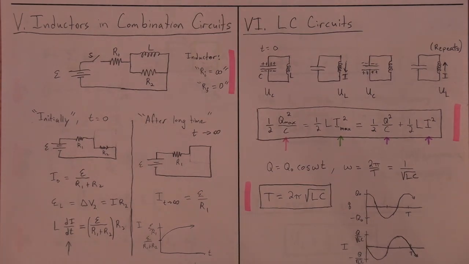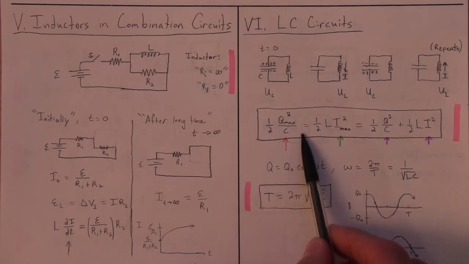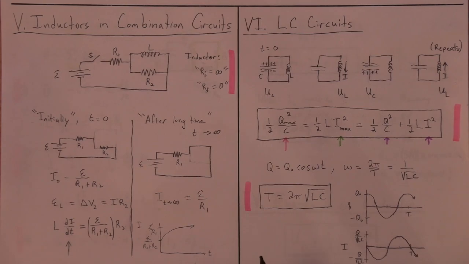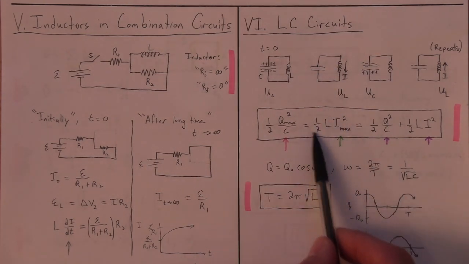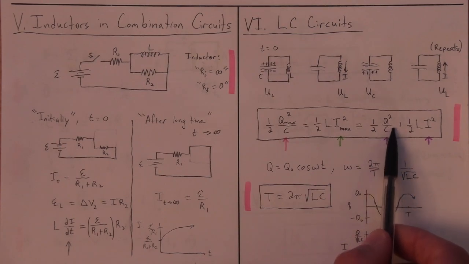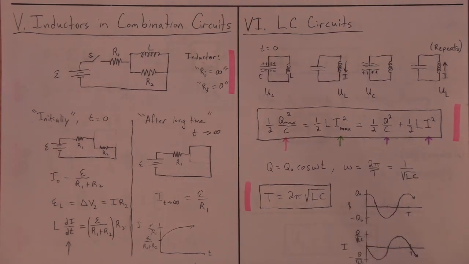We could write that mathematically as 1/2 Q squared over C is the energy in a capacitor, Q max. So that's the energy of the circuit. Later here, the capacitor has no more energy, it's all in the inductor: 1/2 L I max squared. And then somewhere in between, we could have some energy in the capacitor and some in the inductor.